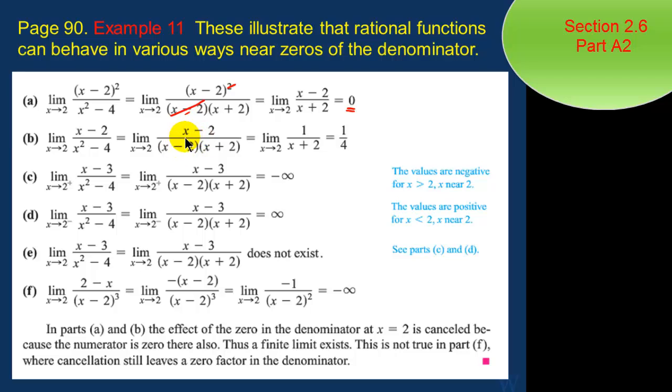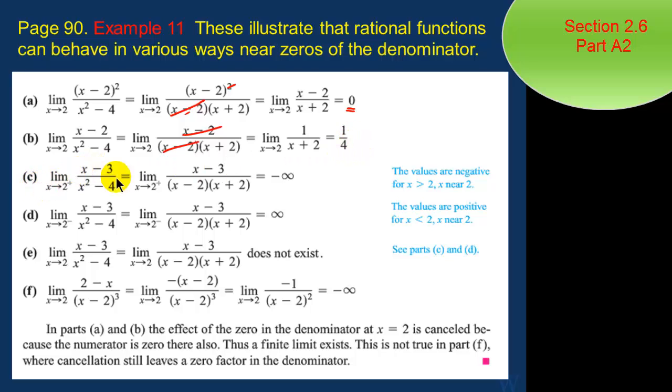Well, let's look at the top. It's just x - 2 all over the same one as in letter A. So we factor that out and this gets cancelled. Then we take the limit of 1 over (x + 2) as x approaches 2 and we get a fixed number, 1/4. Again, this is the same case as A where we have a removable discontinuity.